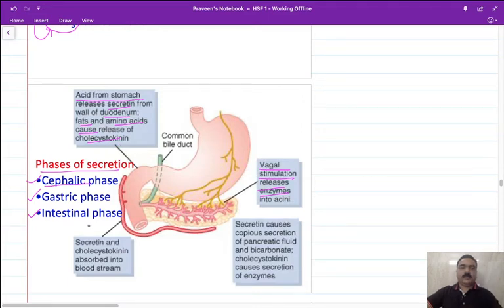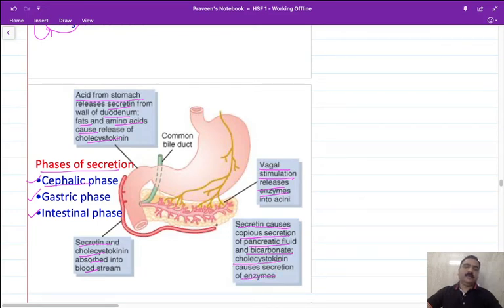The secretin and the CCK are absorbed into the bloodstream because they are hormones. They are not coming directly into the lumen. Then what do they do? The secretin causes the copious secretion of pancreatic fluid that is rich in bicarbonate, whereas CCK causes the secretion of enzymes.